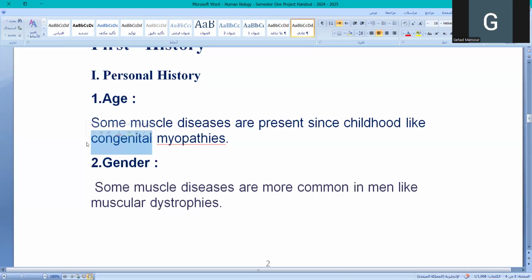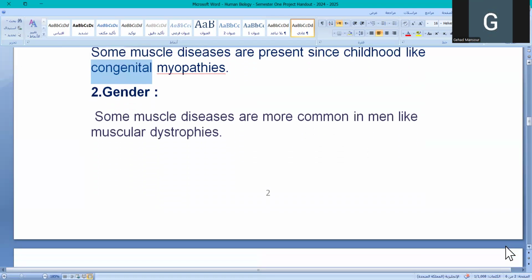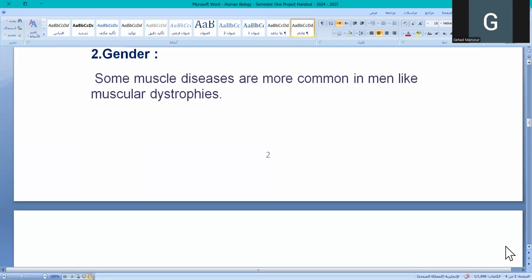But congenital diseases in general might be genetic or non-genetic. They might be due to a gene disturbance or not. So the term congenital is broader and more inclusive than the term genetic, because not all congenital diseases will be genetic diseases.